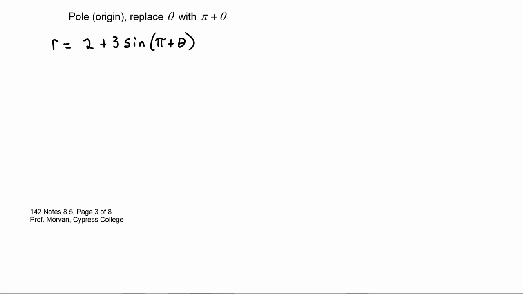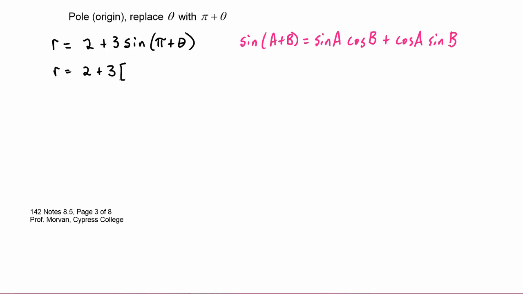We will use the sum identity for sine, which says that the sine of a plus b is equal to sine a cosine b plus cosine a sine of b. Then our equation becomes r is equal to 2 plus 3 times the quantity sine of pi cosine theta plus cosine of pi sine of theta.